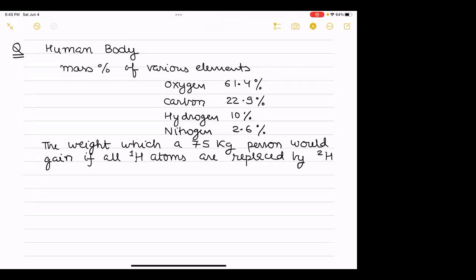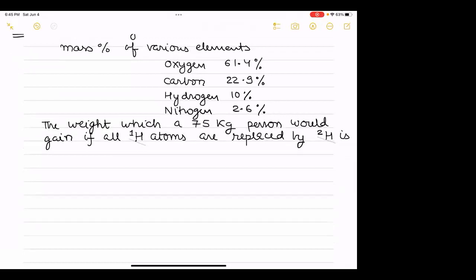Okay, this is deuterium, the other isotope of hydrogen, which has mass twice the mass of hydrogen, and that's why the two is written. So what will be the gain in the mass of the person?